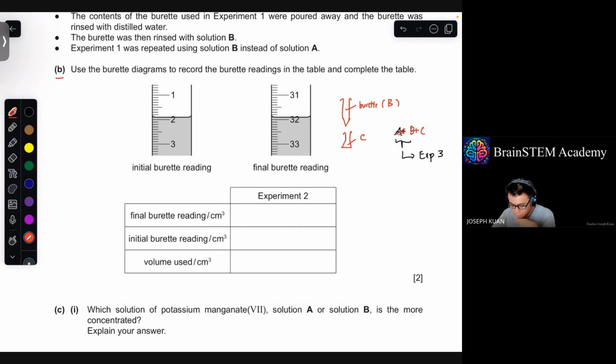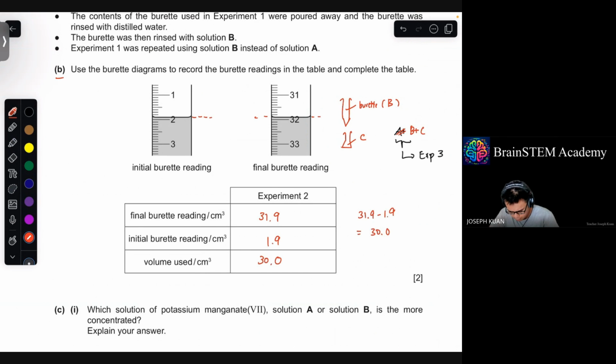So you have the initial burette reading and also the final burette reading again. So the initial burette reading, as observed, is 1.9. The final burette reading is 31.9. So that makes the volume used equal to 30.0.